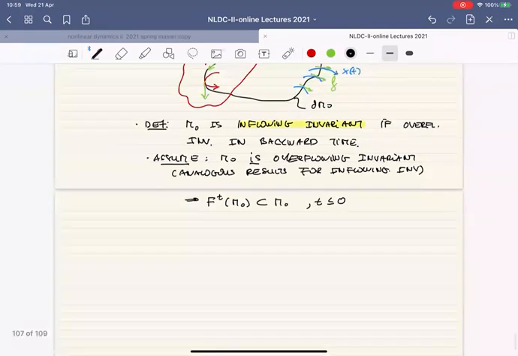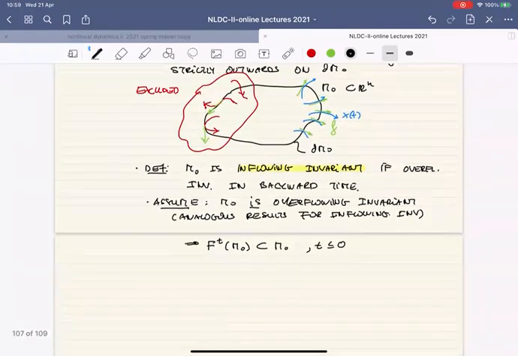Incidentally, I could have started with this and just assumed this. And the minute I know this, I will know that in backward time, the solutions cannot blow up. Because remember, if you're confined to a compact set, then your solution can be continued forever.